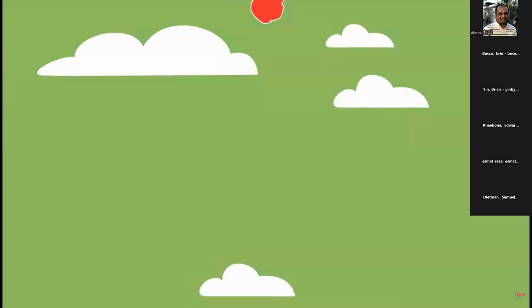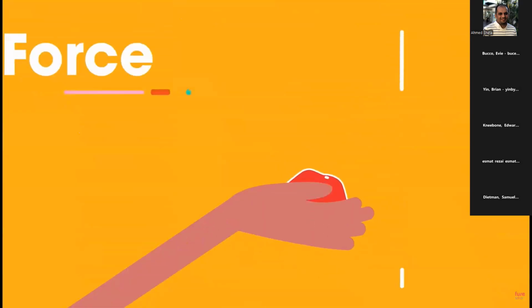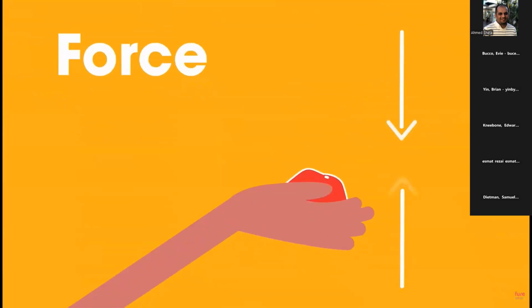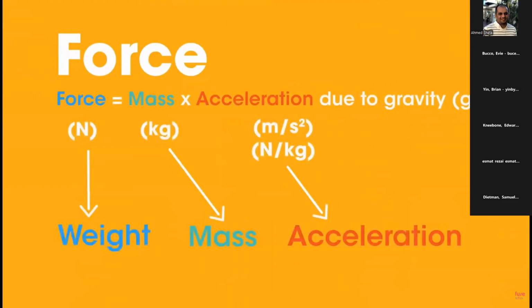To stop the apple falling, so to prevent the gravitational force pulling it toward the center of the Earth, a force is needed that is equal to this gravitational pull. Remember this. On Earth, g equals 9.81 meters per second squared, or approximately 10 meters per second squared.